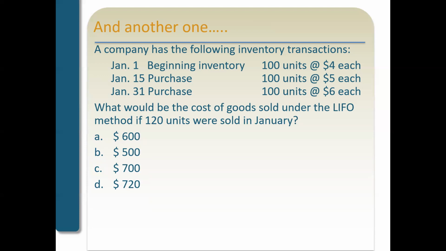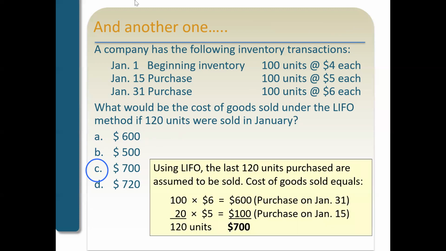Is it C? C is correct. We're going to take 100 units at $6 and 20 units at $5.